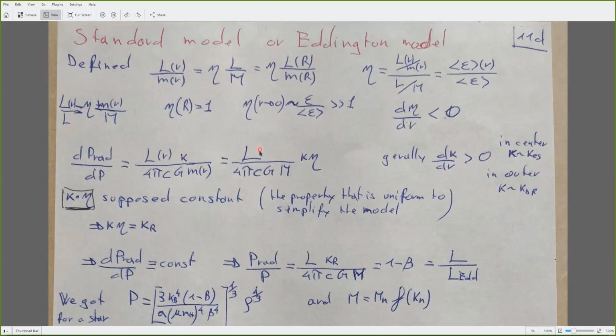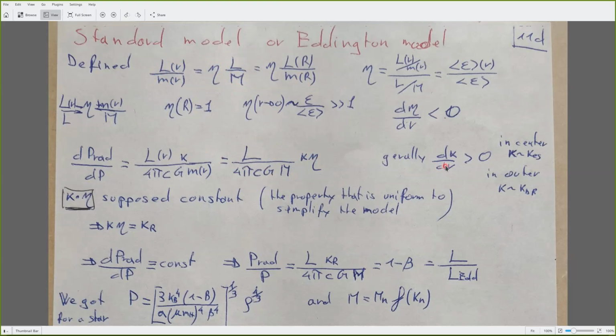And so we got a constant multiplied by kappa by eta. Kappa is the opacity, and eta is what we saw previously.